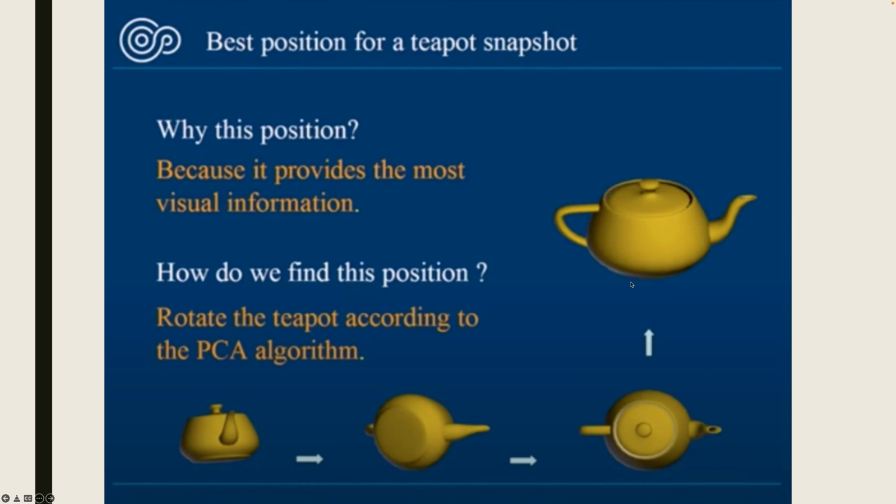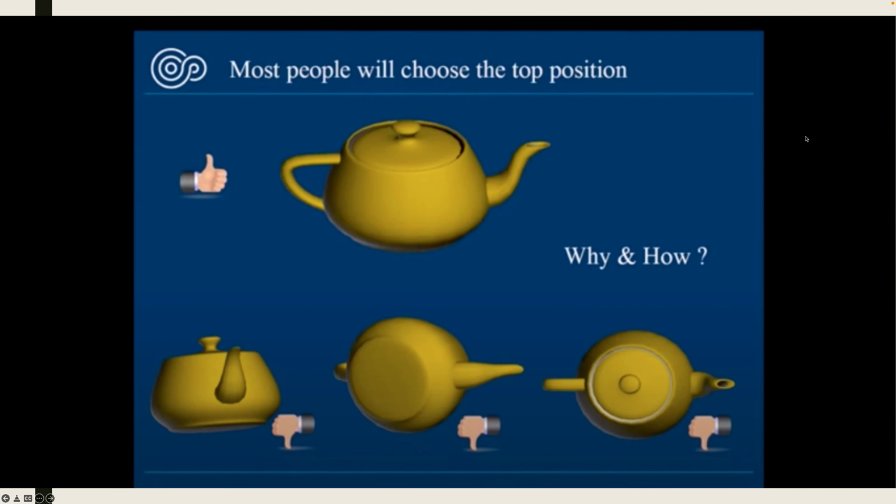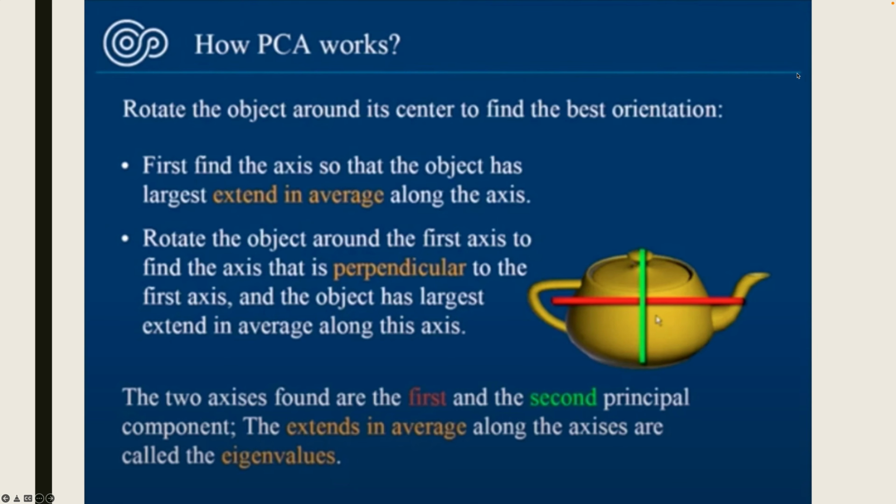And if I go from top to bottom, I have a vertical one. Notice that the vertical distance and the horizontal distance are greater than in this picture right here. Hence, I'm seeing more of the teapot or tea kettle. So most people would choose the top, and why? For the reasons I just explained.